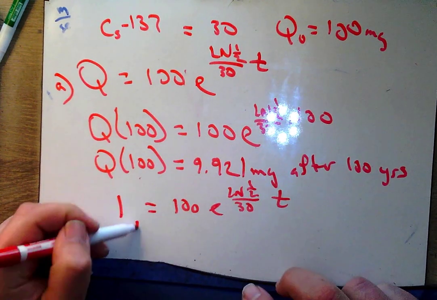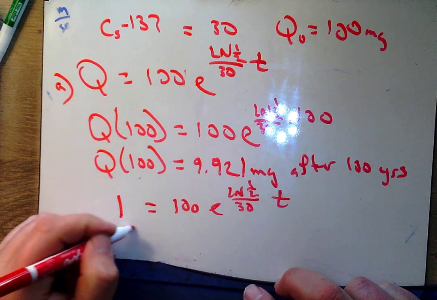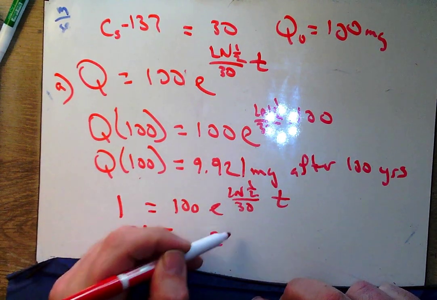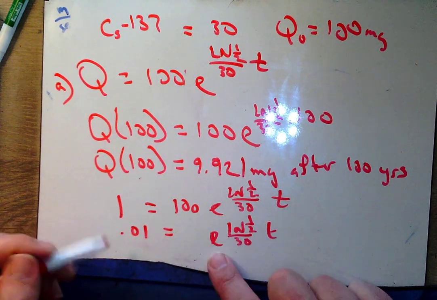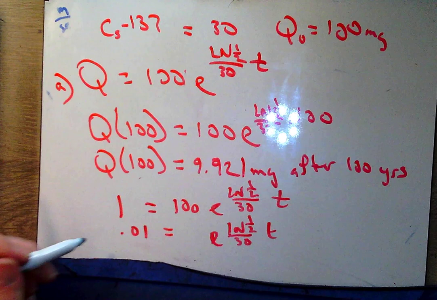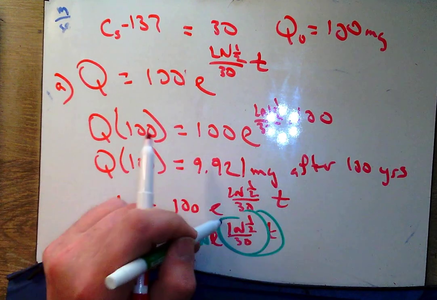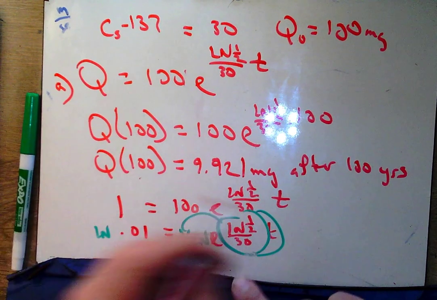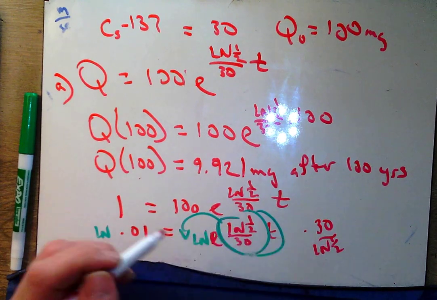So that's going to be 1 over 100, or better yet, 0.01 equals e to the ln of a half over 30t. I want to take the ln of both sides now, and bring all of that down. And then to wrap it up, I'm going to multiply by 30 over ln of a half.